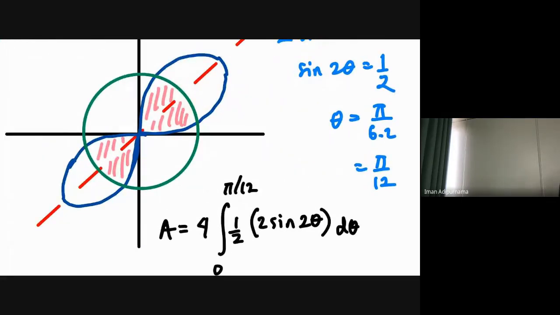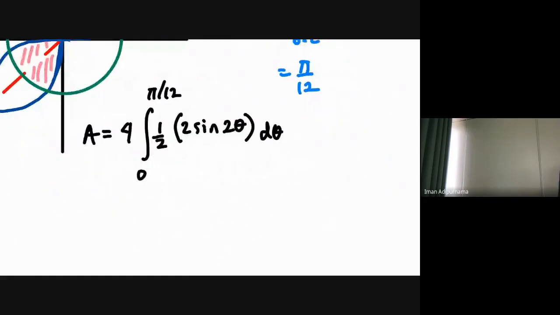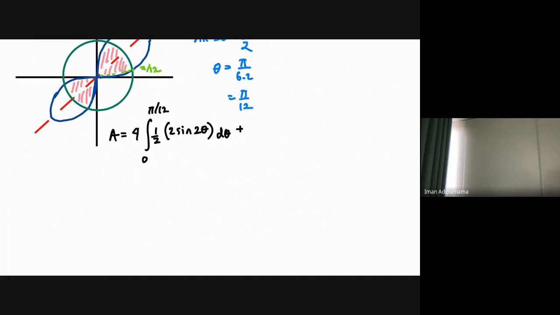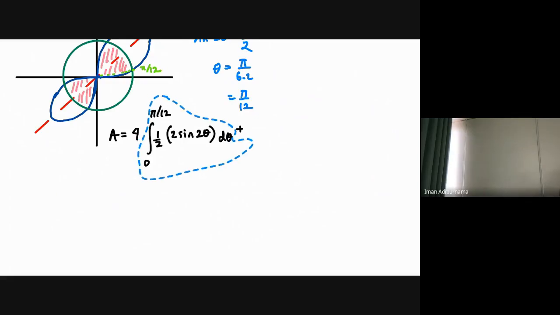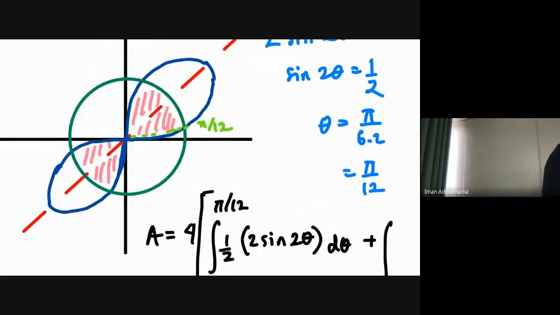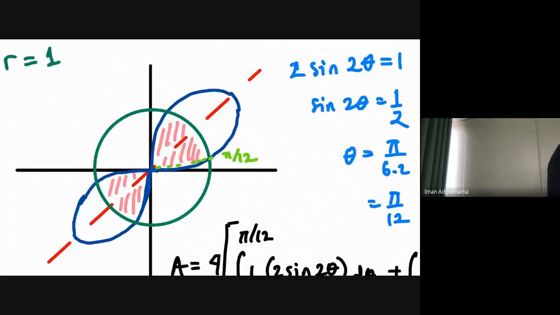Maybe I will mark this to show you that this is pi over 12. And then plus the integration from pi over 12, because this is pi over 2, so this should be pi over 4, right?